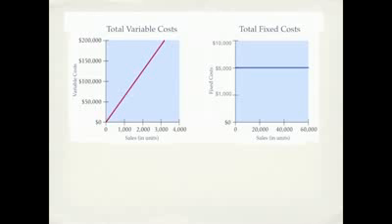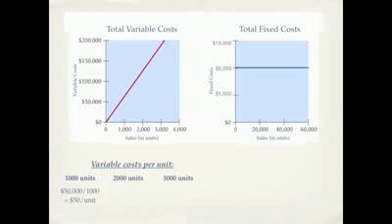So how do they change on a unit basis? Well, let's first look at variable cost per unit. If we take each level here, we'll go 1,000, 2,000, and 3,000. So at 1,000 units, our variable cost is $50,000. Divided by the 1,000 units gives us a $50 per unit variable cost.